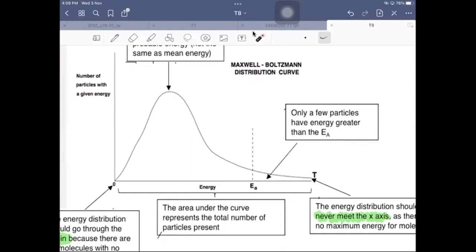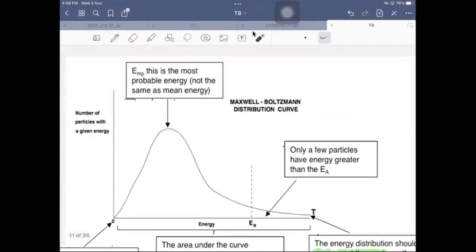Not too far out, because if you draw it too far out, that means your activation energy is really high. But the most important thing is my activation energy must be somewhere after the hill. That's the most probable energy.